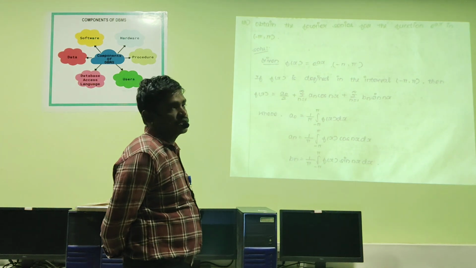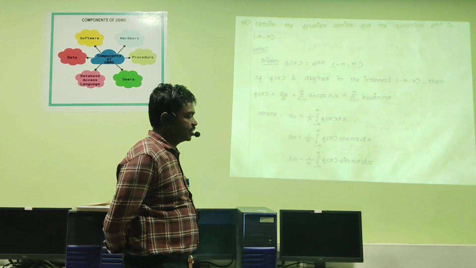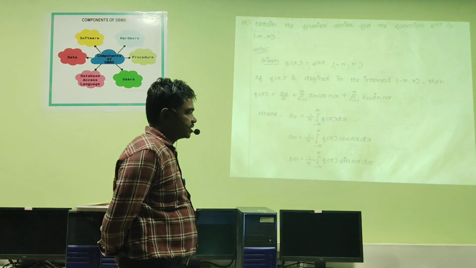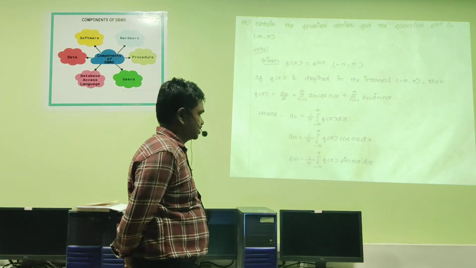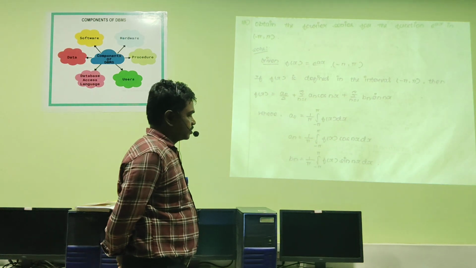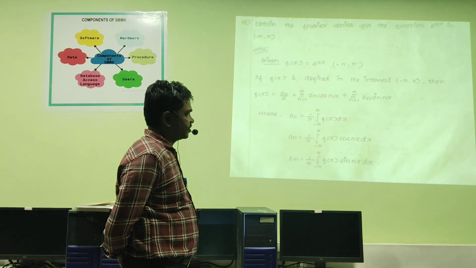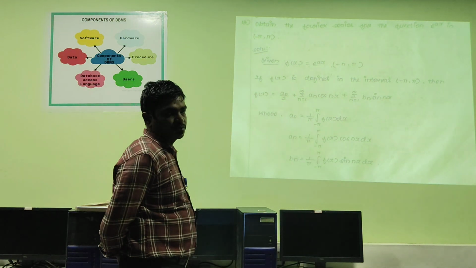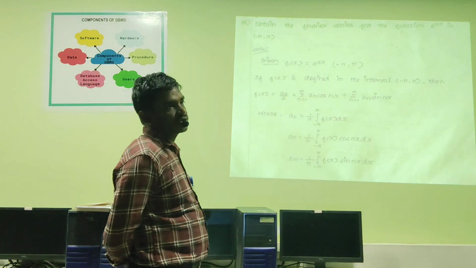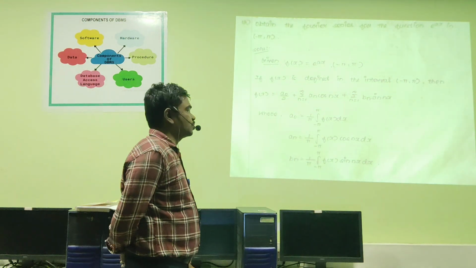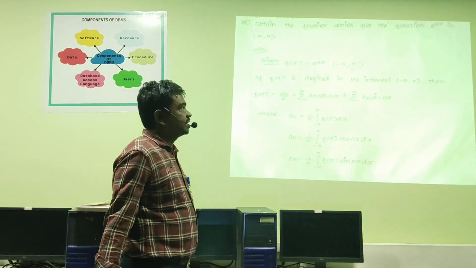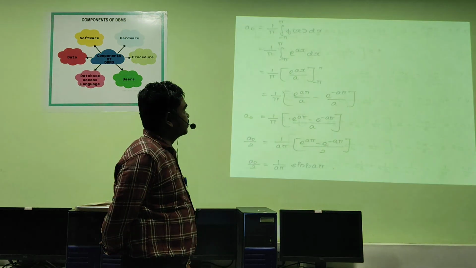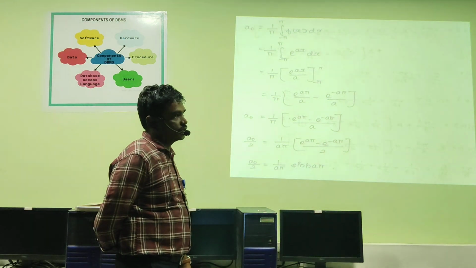So f of x equals a0 by 2 plus summation n equals 1 to infinity an cos nx plus summation n equals 1 to infinity bn sin nx, where a0 equals 1 by pi integral minus pi to pi f of x dx, an is 1 by pi integral minus pi to pi f of x cos nx dx, bn equals 1 by pi integral minus pi to pi f of x sin nx dx.